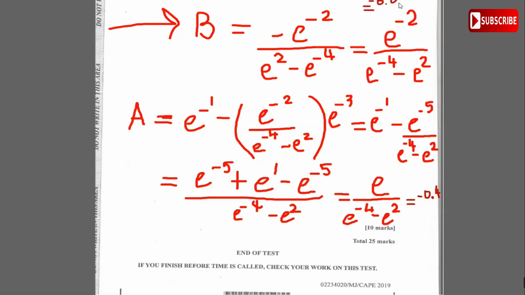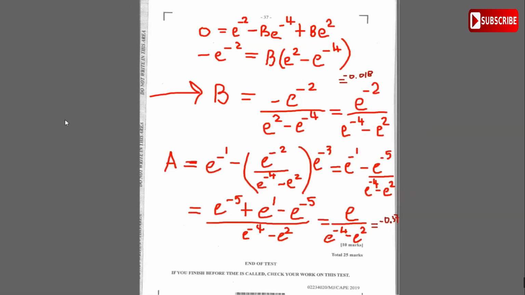And this was actually minus 0.37. So depending on how you want to write your answer, if you want to write them as decimal or whatever, up to you. I like to write it exact, so I'll work with the exact form.